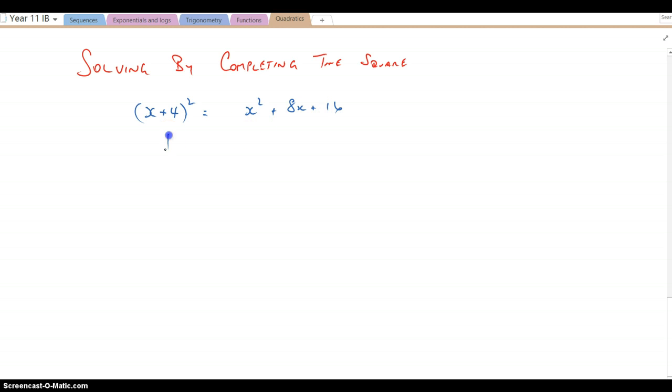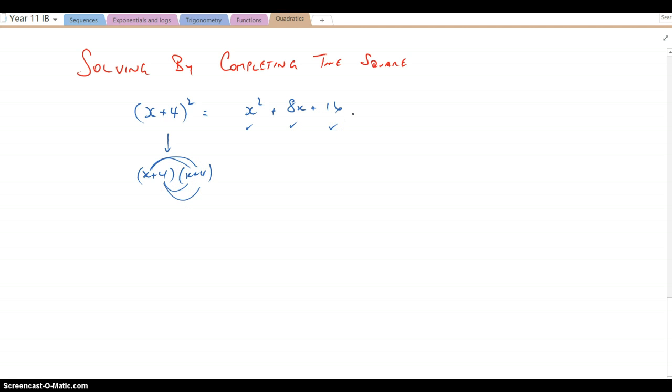Why? Well, it's x plus 4 by x plus 4, and first, outside, inside, last. First is x squared, the outside and the inside give us a plus 4x plus 4x, so it's plus 8x, and the last gives us 4 times 4, 16.